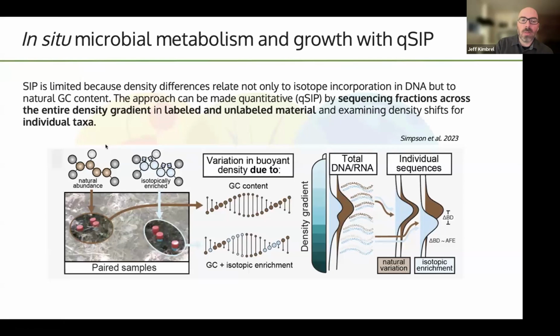And then we can see, if this is an amplicon-based sample, for example, at what density does the natural abundance sequence run? And then at what density does the isotopically enriched run? And we can use those differences in density to try to calculate an amount of isotopic enrichment.